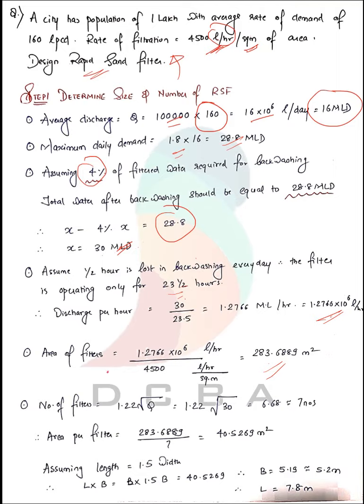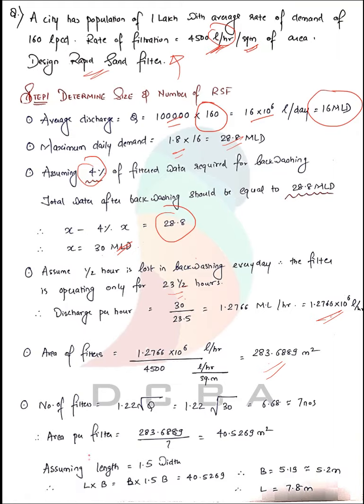Now the total area of filter we had got is 283.6889 meters square. So per filter, how much area is there? It is 283.6889 divided by 7, which is equal to 40.5269 meters square. Let us assume the dimension, width and length.